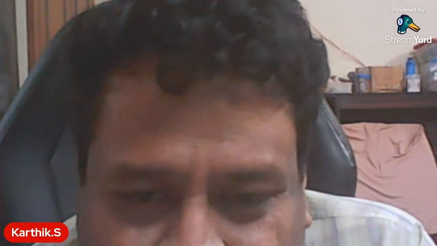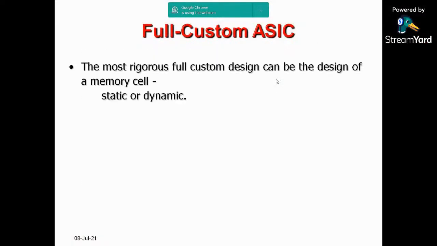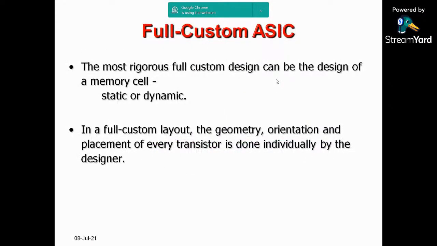They don't even depend upon any vendor. They won't use any pre-tested cells. They do everything right from scratch. As I told, in full custom, the orientation and placement, everything is done by the designer.